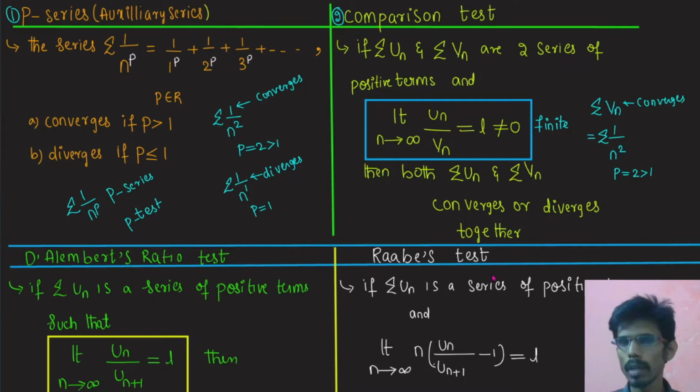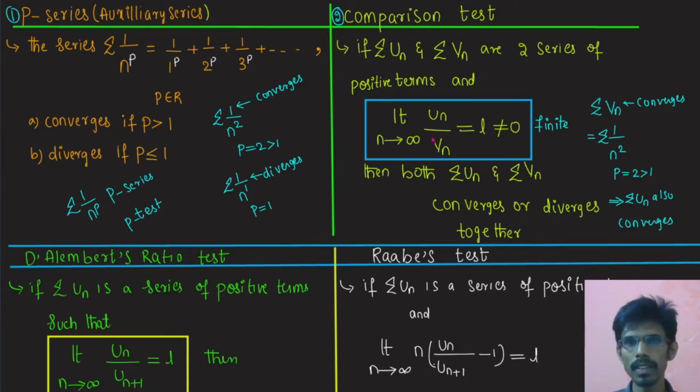That automatically says that sigma un also converges, because the comparison test says that both converge simultaneously or both diverge simultaneously, but the ratio should be finite.